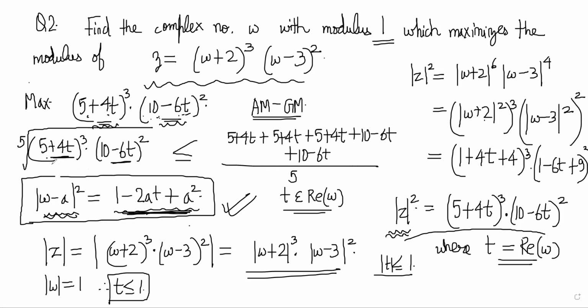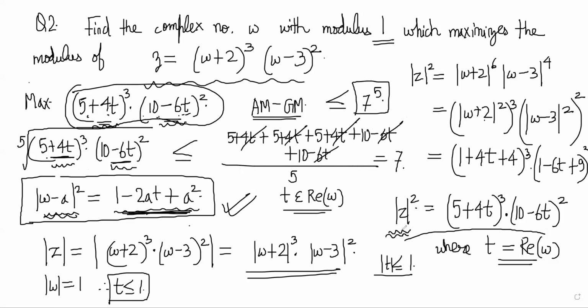I am taking the AM-GM for 5 terms, in which 3 terms are repeated here and 2 terms are repeated here. Notice this is nice because 4t, 4t, 4t get cancelled with the two negative 6t's and you get 15 plus 20, so 35 by 5, so this is 7. So the fifth root of this quantity is less than or equal to 7. So this is less than or equal to 7 power 5, right? This quantity was actually mod z square. So mod z square is less than or equal to 7 power 5. Therefore, mod z is less than or equal to 7 power 5 by 2, right?